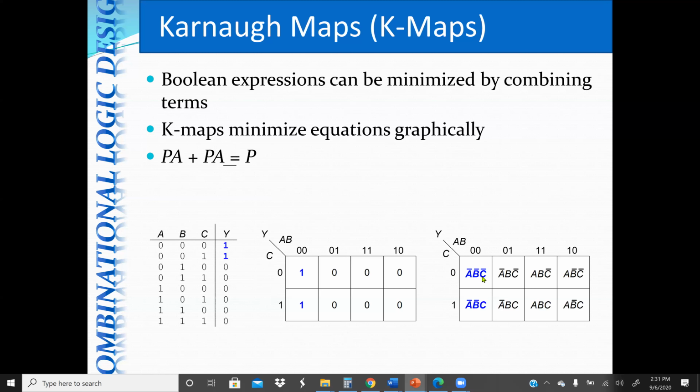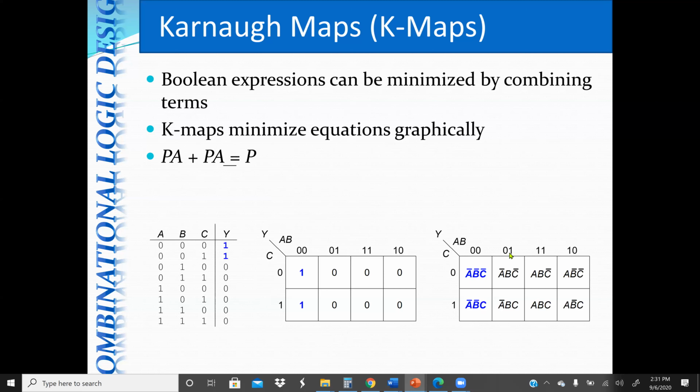Then when we go to the first column, second row, we have A invert, B invert, and C, which makes sense because here we have 0, 0, and 1. C is 1, so A invert, B invert. If it's inverted, it means the value there is 0.